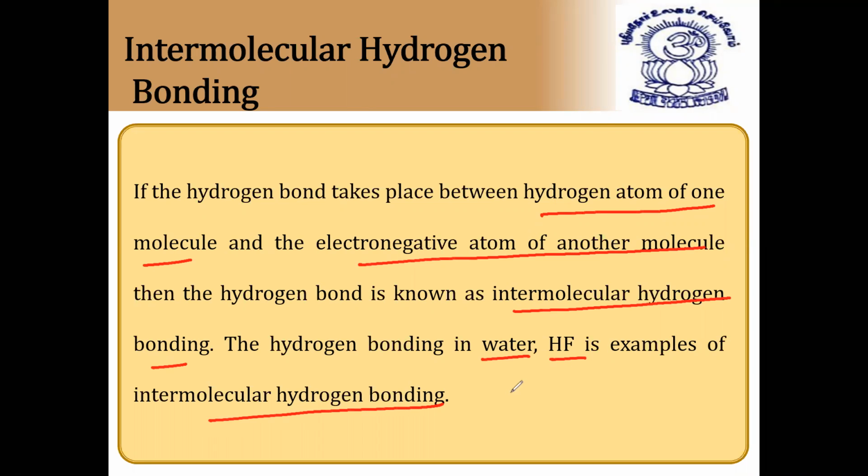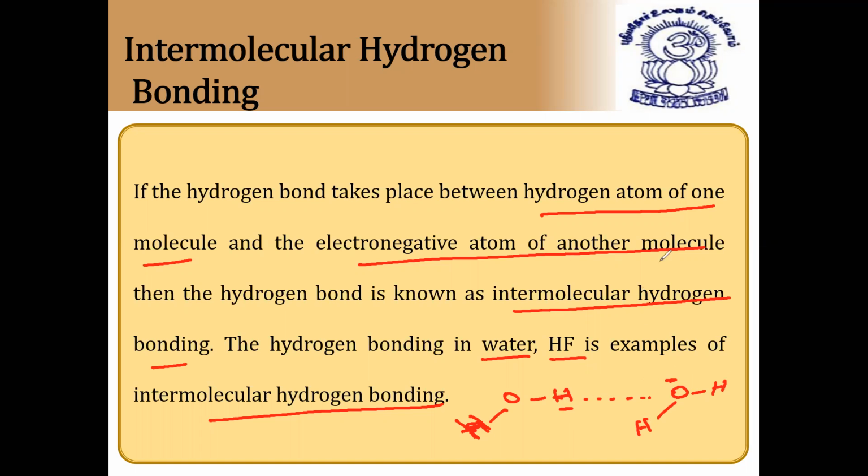So intermolecular hydrogen bonding, for example in water, if we take the water structure, H-O-H, this hydrogen is in attraction with the oxygen of another molecule, not the same molecule.